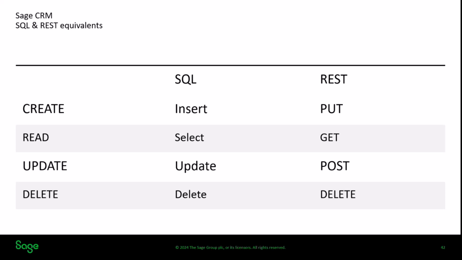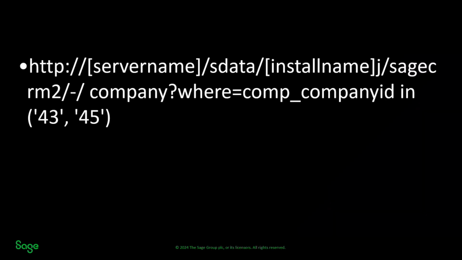When we choose to put, we're going to be carrying out an insert. When we choose to patch, sorry, that should be patch, we will be carrying out an update. And when we carry out a delete, then that's going to be a deletion task.